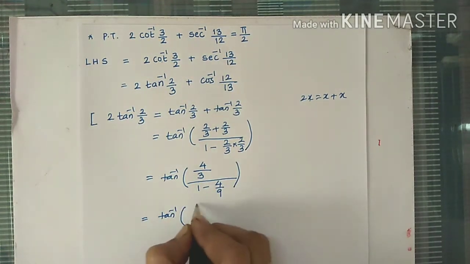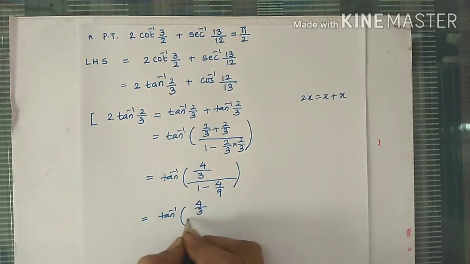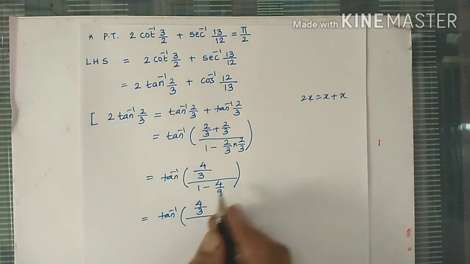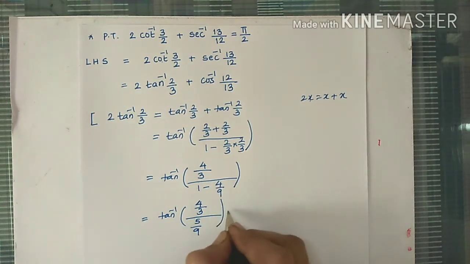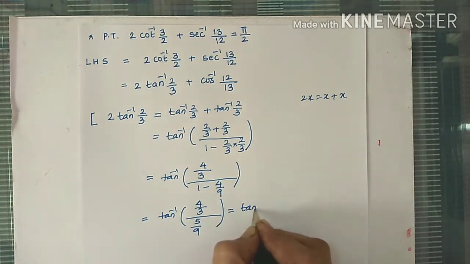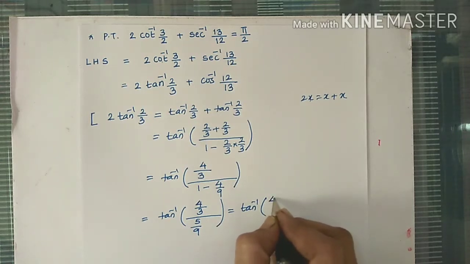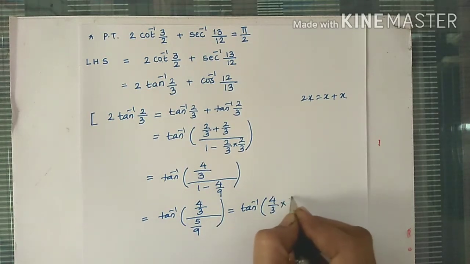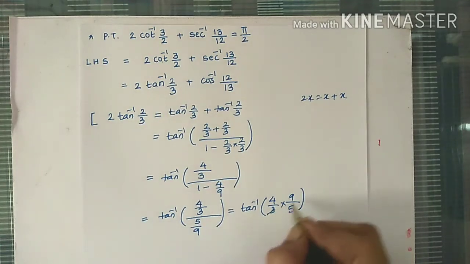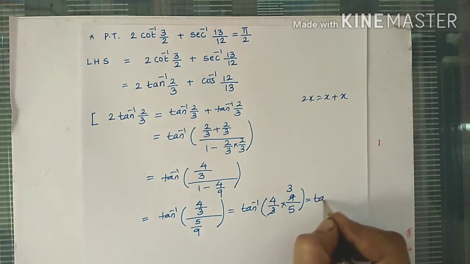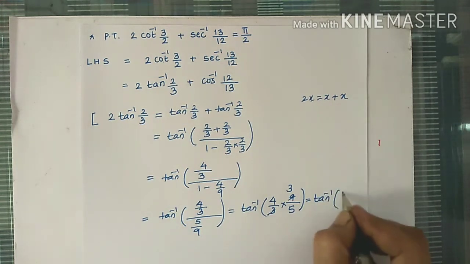So tan inverse of 4 upon 3 divided by (9 minus 4), that is 5 by 9. So tan inverse of 4 upon 3 into 9 upon 5. So here dividing this 9 by 3, we get the term as tan inverse of 12 by 5.